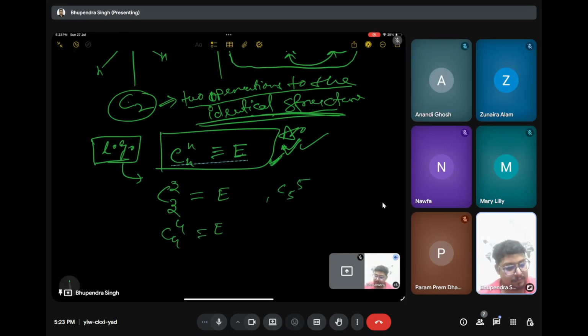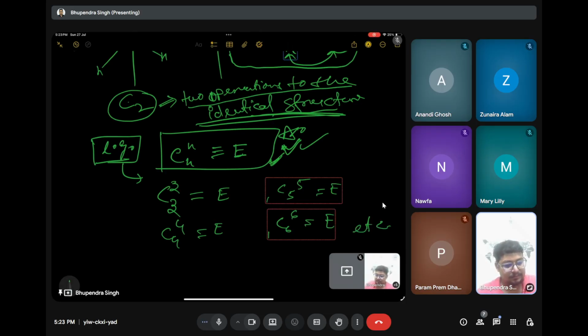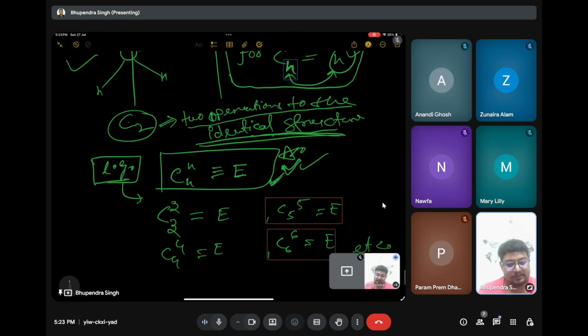C5, 5 operations. C6, 6 operations, etc. So you determine like this. The number of operations required to get the identical structure is this. These two should be the same.